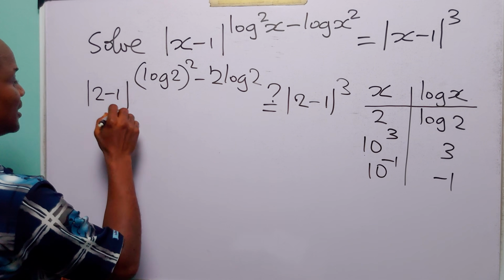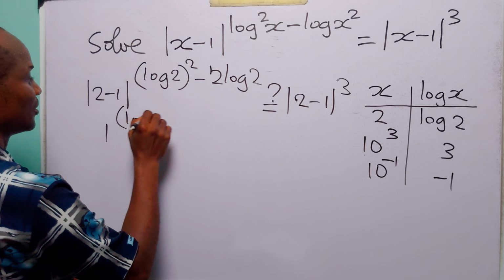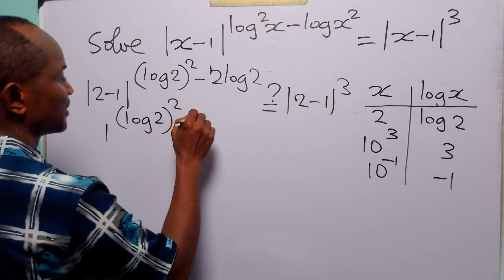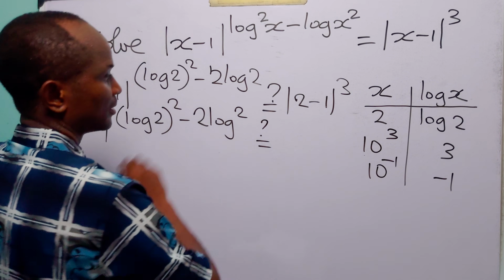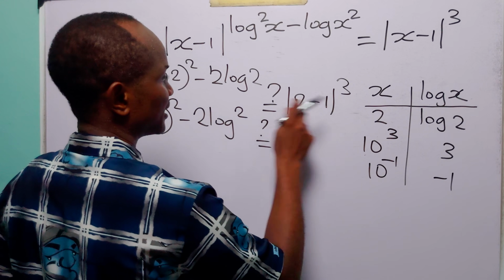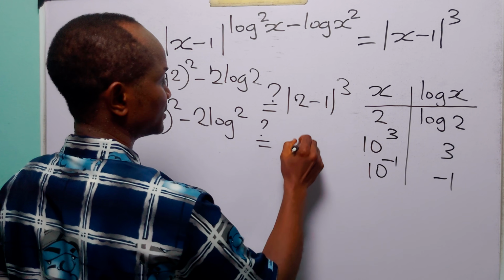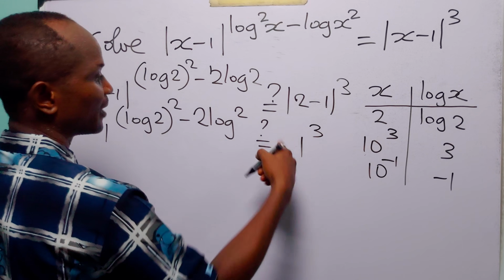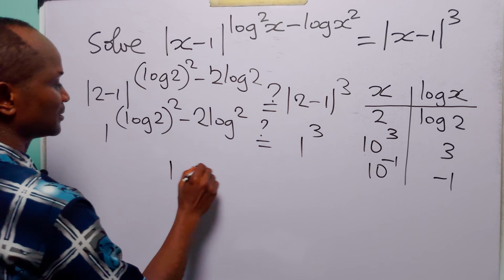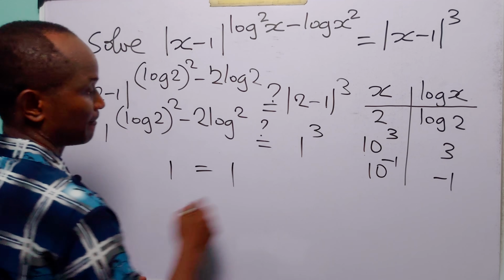So this is 1 to the power 3. Of course, 1 to any power is equal to 1. So 1 is equal to 1.